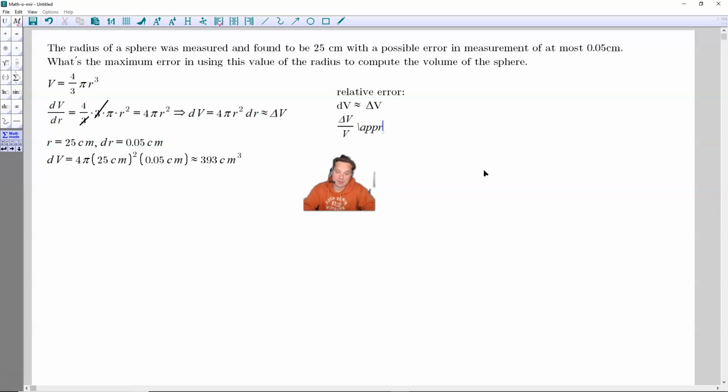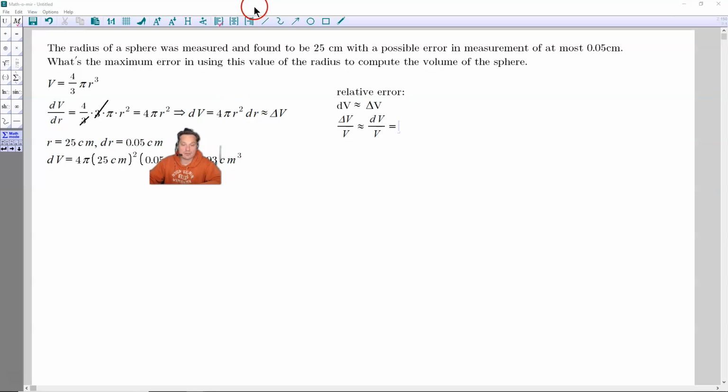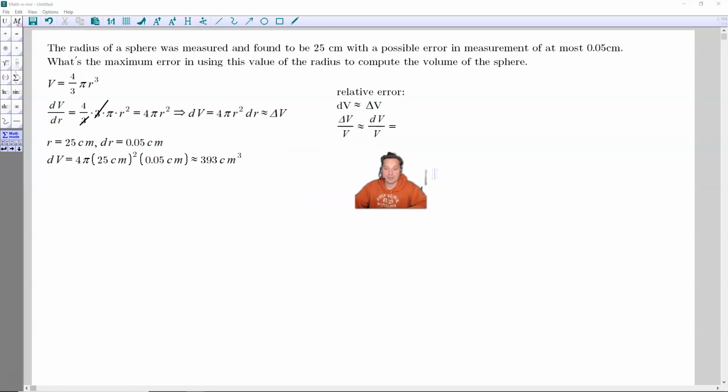So for that reason, I'm going to put approximately equal to dV over V. And now that exactly would be equal to the following. Look back over here. We found that dV is equal to 4 pi r squared dr. So over here, I'm going to proceed by doing that: 4 pi r squared dr over V, but the V itself is 4/3 pi r cubed.